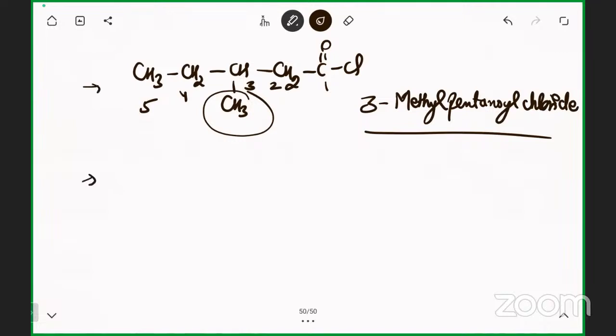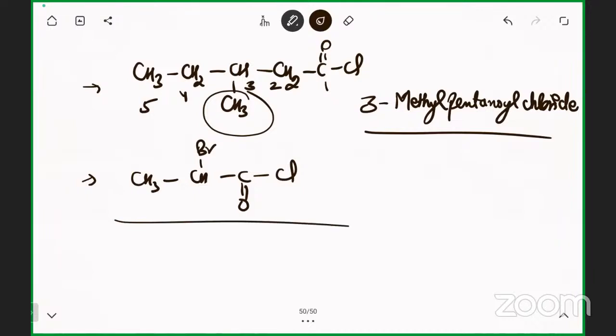One more example. CH3, CH2, C double bond O. Okay, let's change something. Here Br, then Cl. Just write Br here.